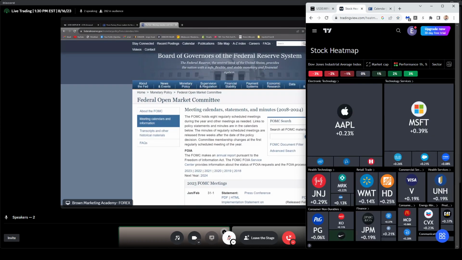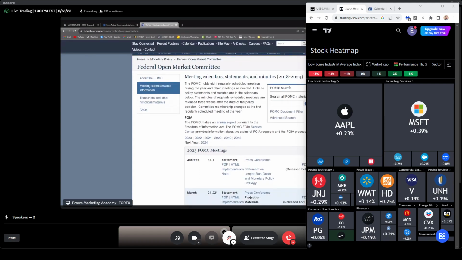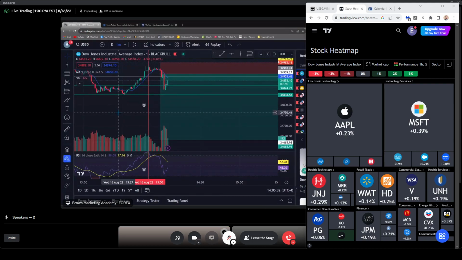Trying to find the statements. One second, guys. Fed minutes. Officials saw high uncertainty around policy lags. I'm looking at the news right now. Give me one second, guys. I'm going to turn on the news real quick. You'll probably hear it on the screen. If you don't want to hear it, just click mute.